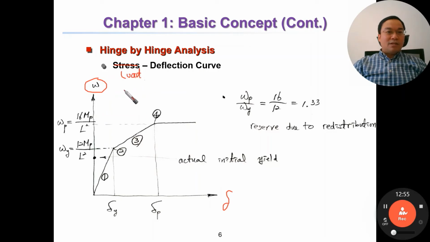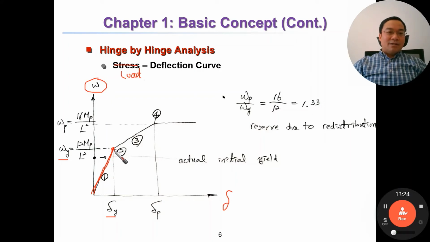This is the distributed load deflection curve. In the elastic state, we have a linear relation between the load and the deflection. It is the linear state. At this point, it is the elastic limit.